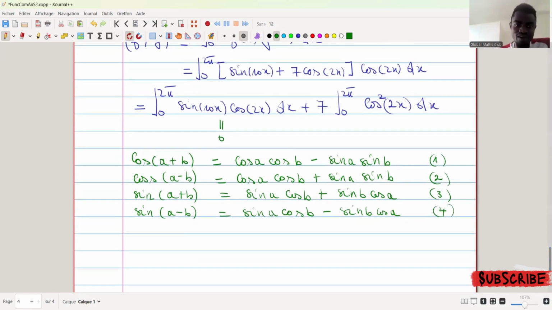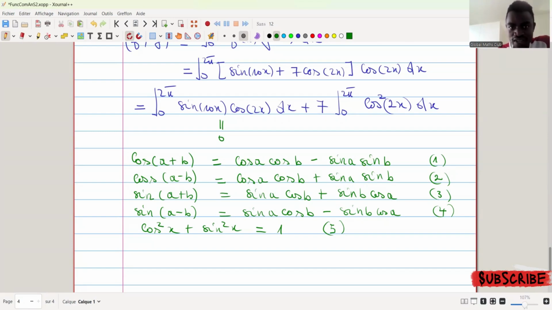We have a lot of formulas. Cosine square of x plus sine square of x is equal to 1. You know it very well. I'm not going to do tangent formulas here because I think it's not useful. I know that tangent is just the ratio sine over cosine, you know it. Now, you have here sine, cosine.